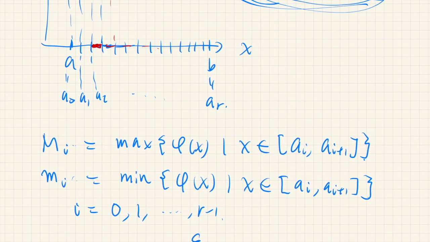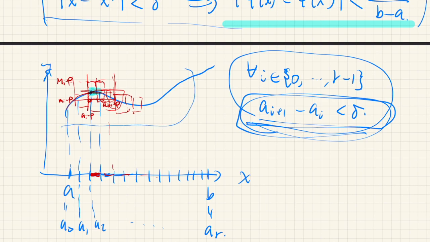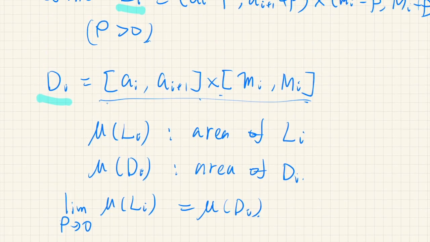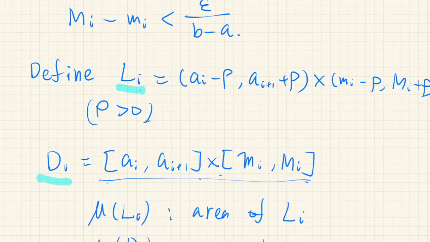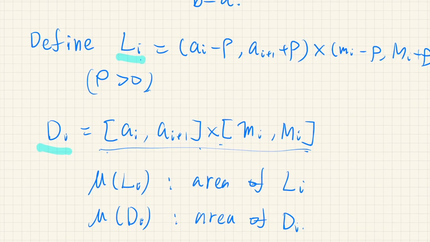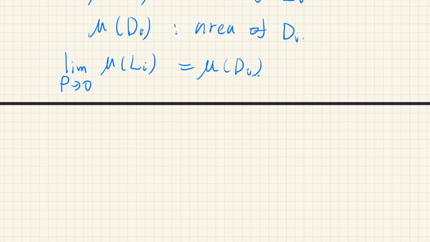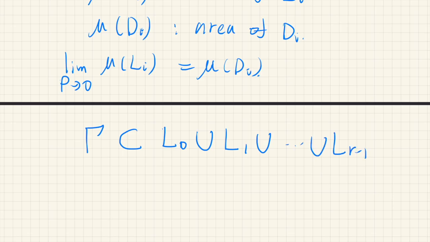Now, as we have seen from this figure, if we take the union of these L_i's for i varying from 0 to r minus 1, then that union covers the entire graph. That means gamma is a subset of L_0 union L_1 union, and so on, up to L_{r minus 1}.